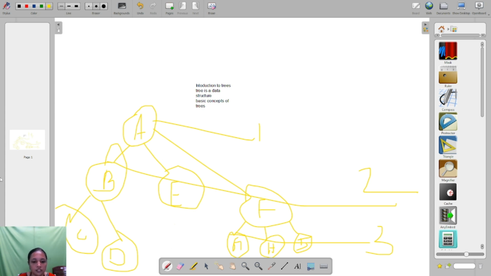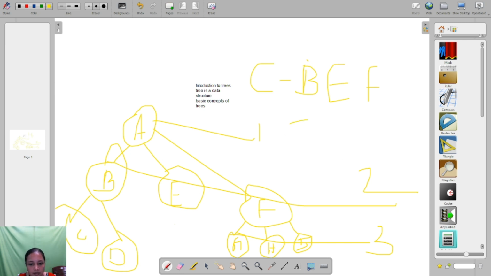The next one, children. What are the children available in this tree? Here A is the parent of B, E, F. So B is one child, E, F. Then B has two children, C and D, children of the B parent.